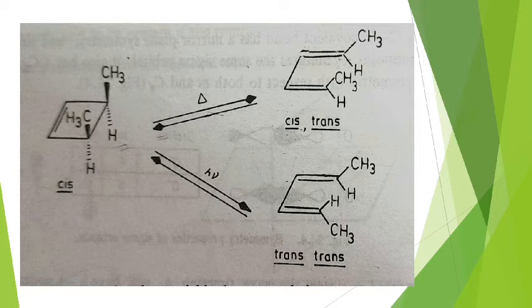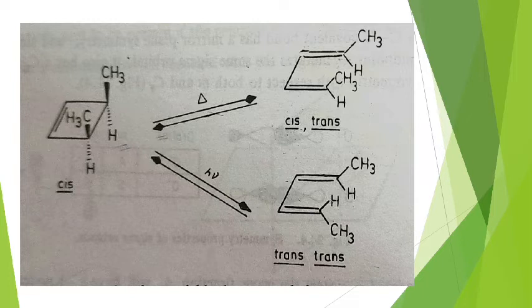The ring opening of cyclobutene produces a diene, which is an electrocyclic reaction. So this is an example of an electrocyclic reaction, and electrocyclic reactions are reversible reactions.